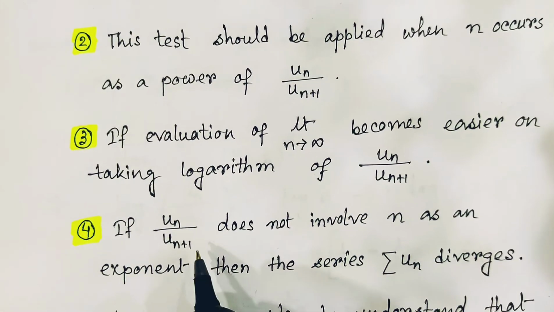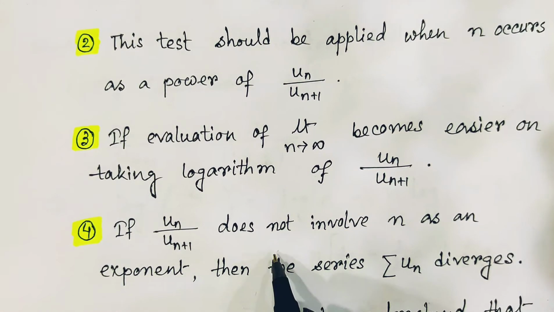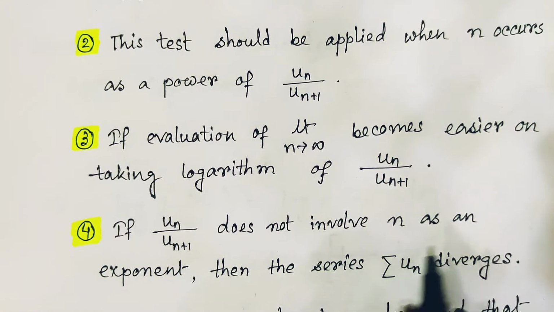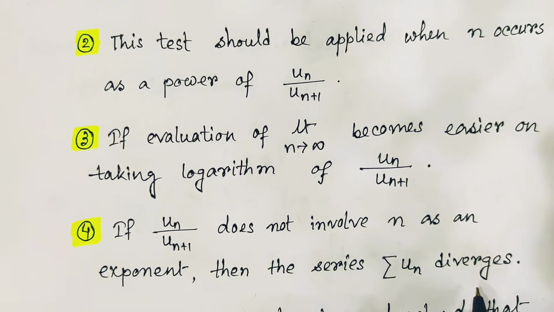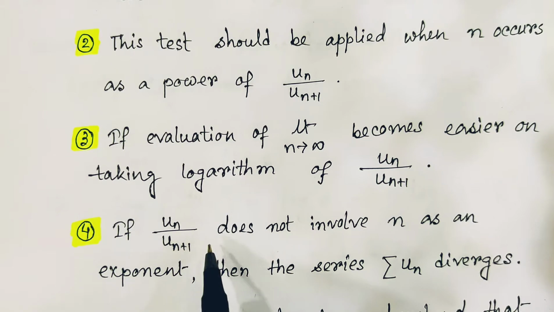Otherwise, if un divided by un plus 1 does not involve n as an exponent, then we say that un is a divergent series.